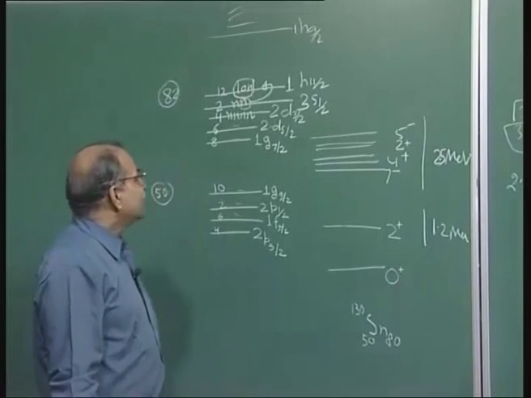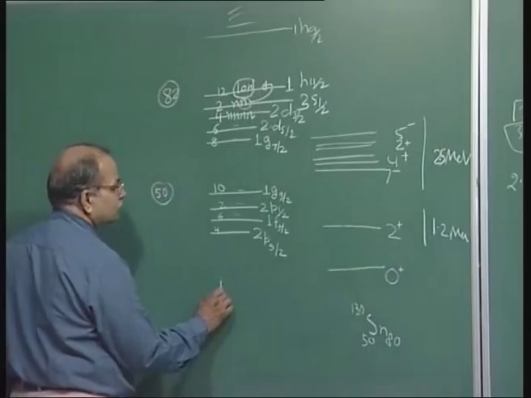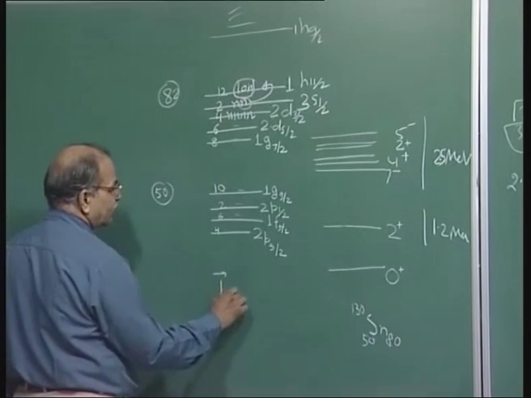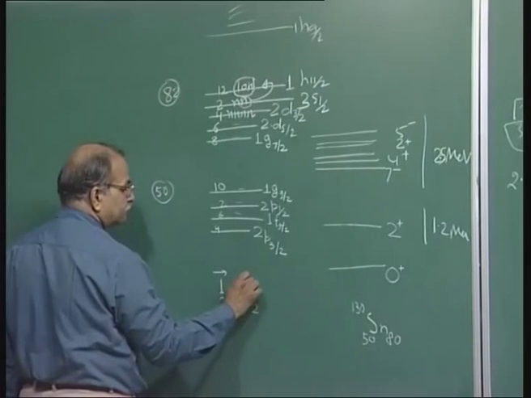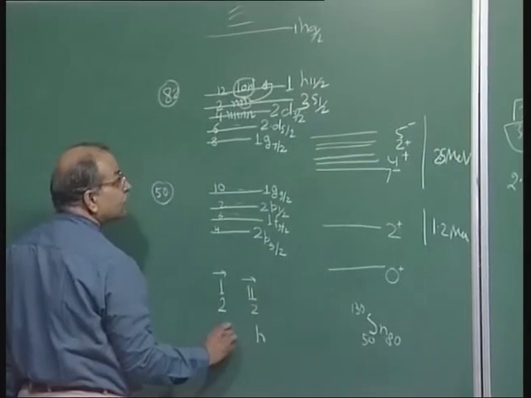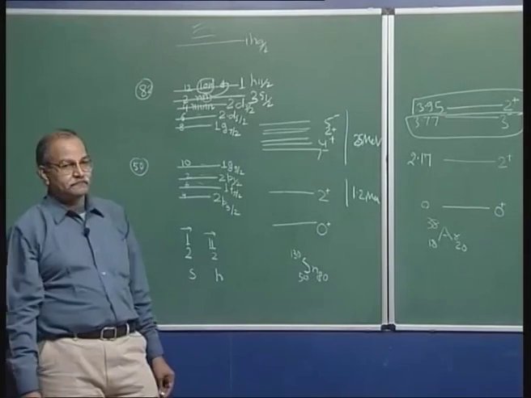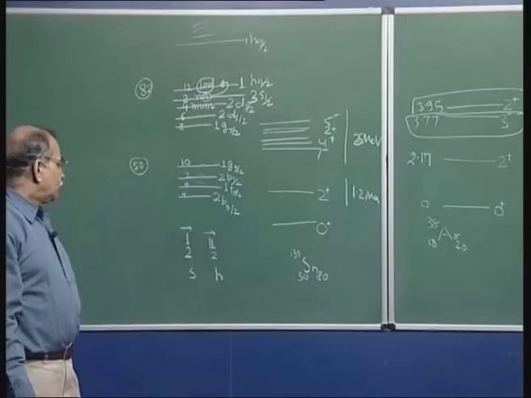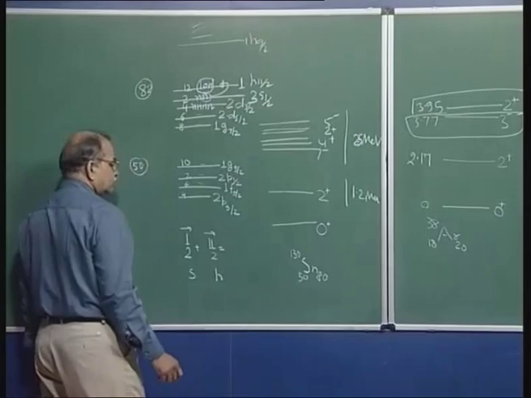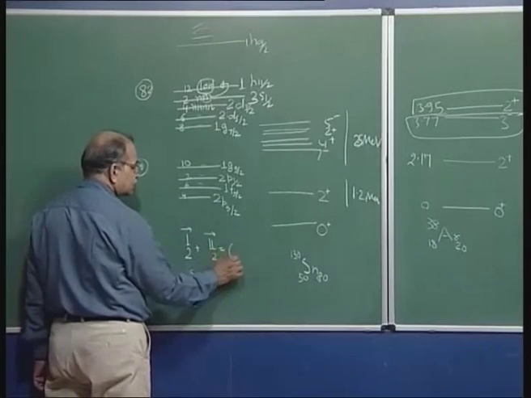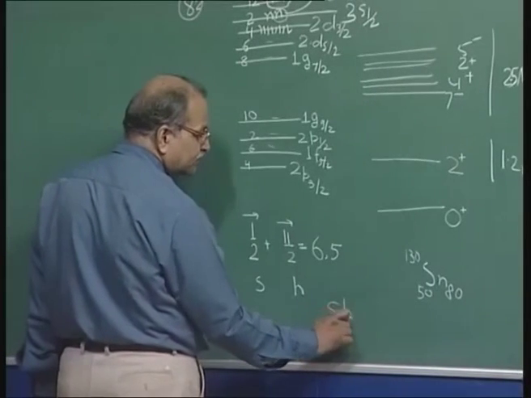But anyway, if you break this pair, what will you have? You will have an unpaired neutron in s1/2 and an unpaired neutron in h11/2. So this is in h and this is in s. So if they combine, what are the possible values? 6 and 5. And what is the parity of h?